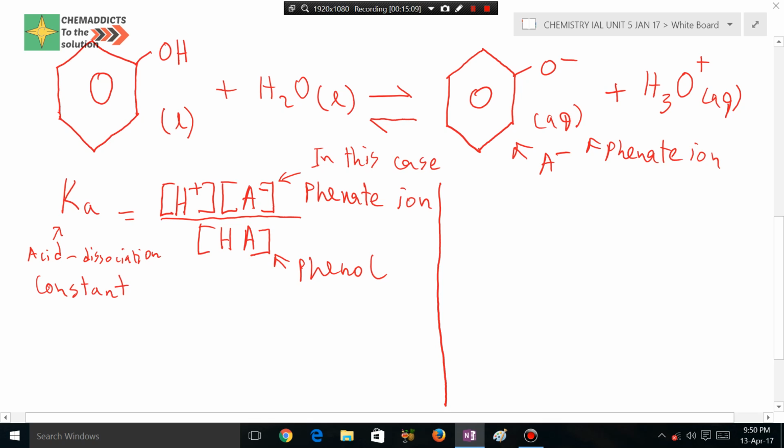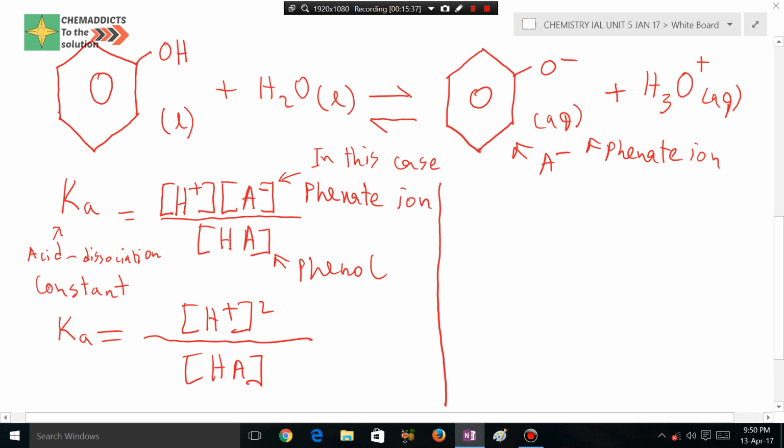To eliminate the concentration of phenate ion, we make some assumptions. First let us write the actual equation: H plus whole square over HA.